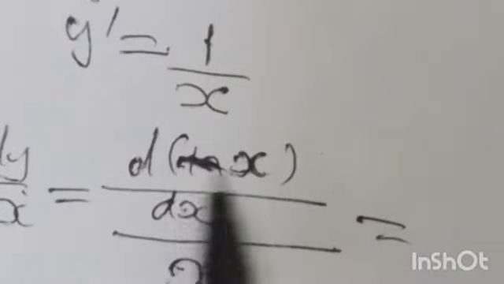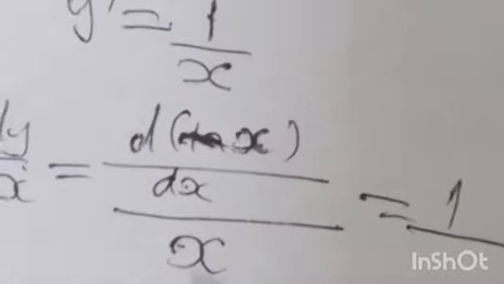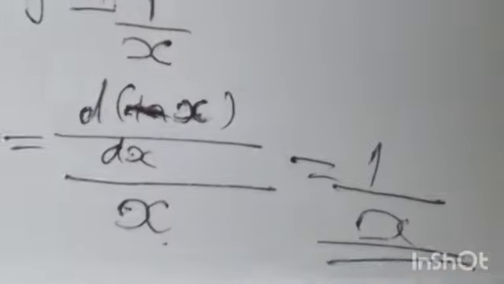The formula is dy over dx is equal to the derivative of the inner function over the overall function. You differentiate the x here over the overall function, which is x. That's how you differentiate this one. The differentiation of ln x is 1 over x. That's how you deal with these simple questions.